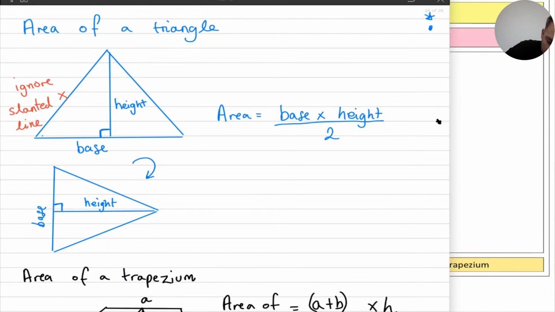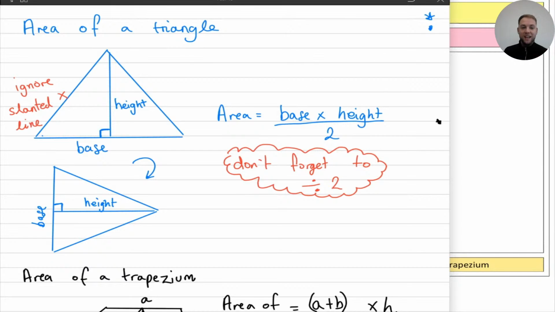Now, it's probably worth putting in your notes here: don't forget to divide by 2. This is really important. Everybody always forgets to divide by 2 of a triangle. They just see it and times the sides, okay?